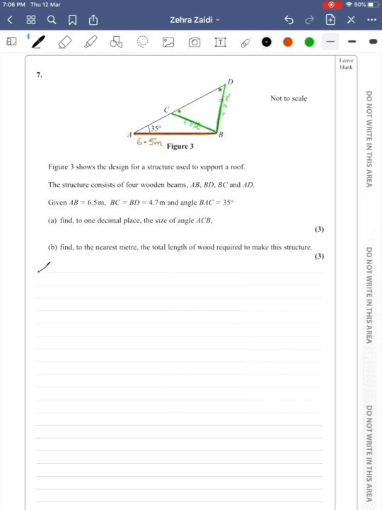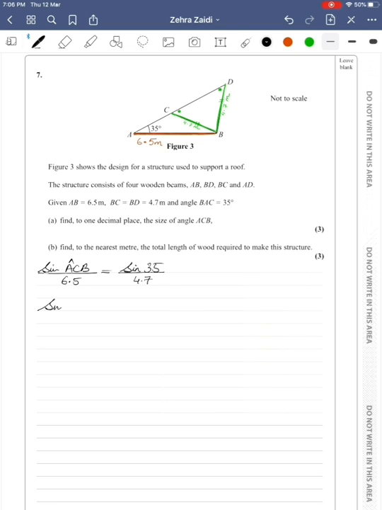We have sine of angle ACB divided by the length opposite to the angle, which is 6.5, is equal to sine 35 divided by the length opposite to sine 35, which is 4.7.